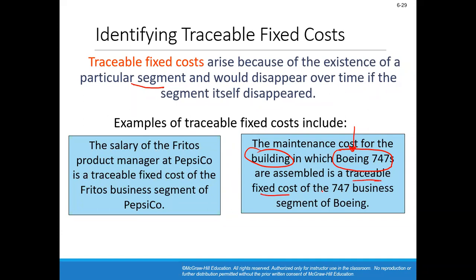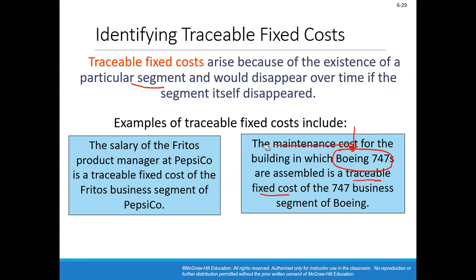Why is it traceable for the Boeing 747? Because if Boeing decides that it will not manufacture the Boeing 747 anymore, this building will become obsolete. It will not be required, and this maintenance cost will become zero immediately.